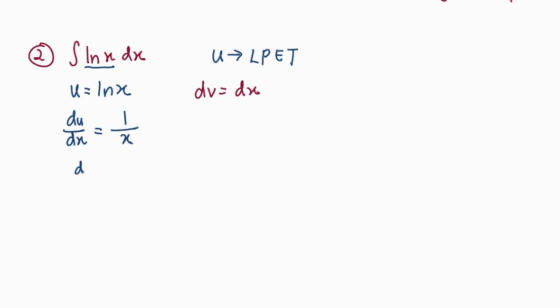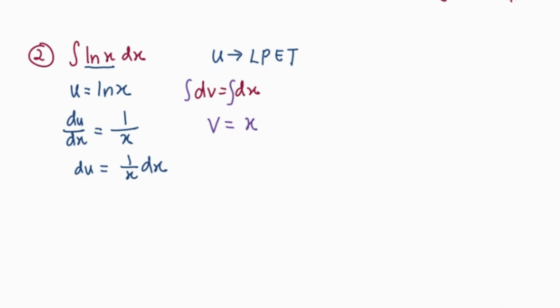So we want to achieve du. So du will be equal to 1 over x dx. How about dv? For dv we will integrate both sides, where inside here is 1, so integrate 1, it gives you v. Integrate 1 dx, it gives you x. So our step hasn't finished yet, so we won't plus c here.